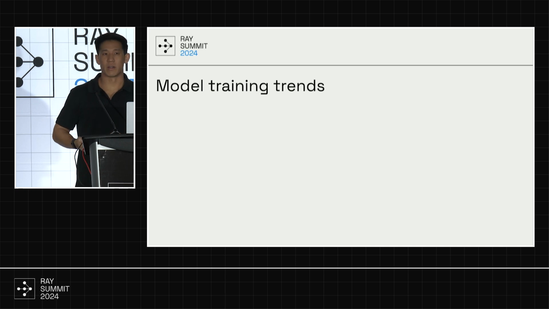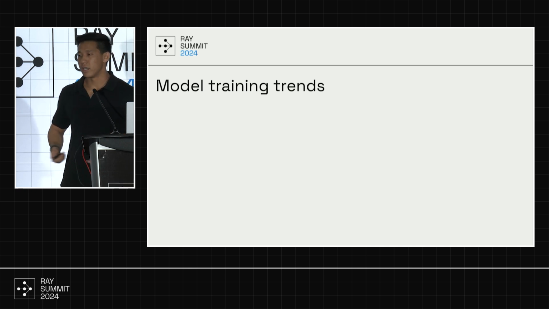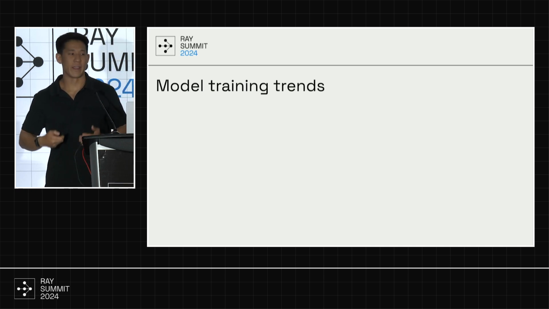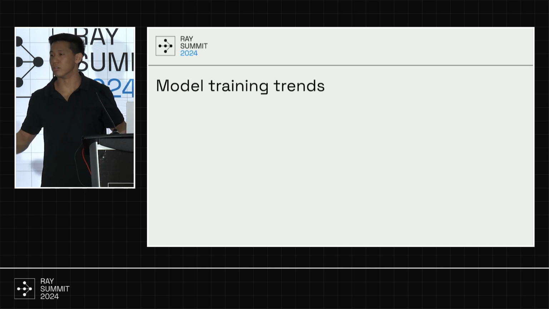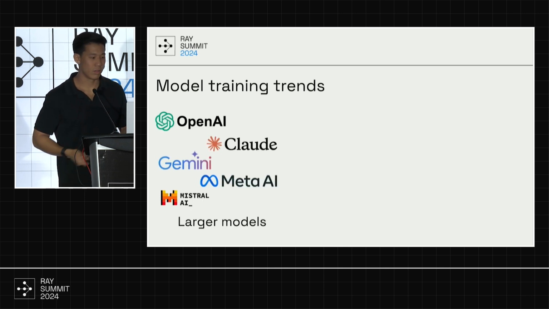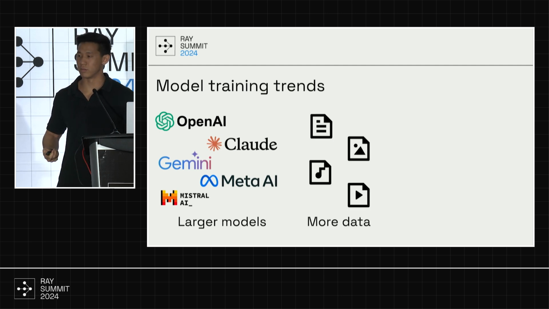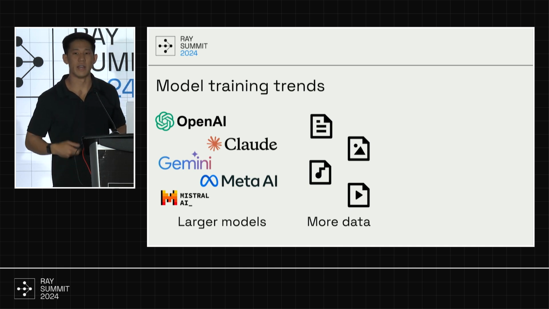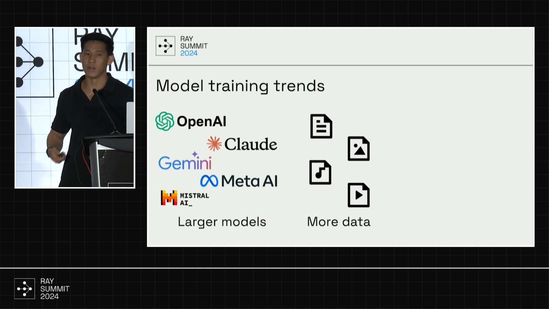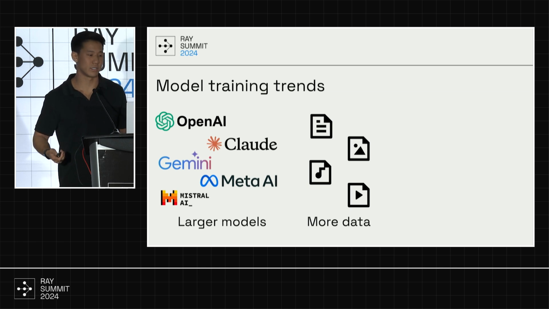So a little bit of background of model training trends. It should be obvious by now that in recent years, AI has grown significantly. We've seen larger models with a great boom in generative AI, especially in the past 2 years. Similarly, we've seen a massive growth in data needed for training such large models, and not just in the quantity of data, but also in different types of data modalities, such as text, images, audio, and video.